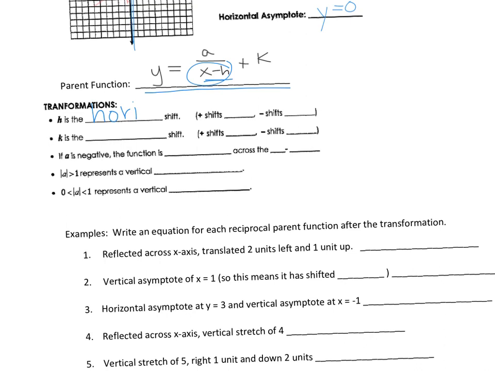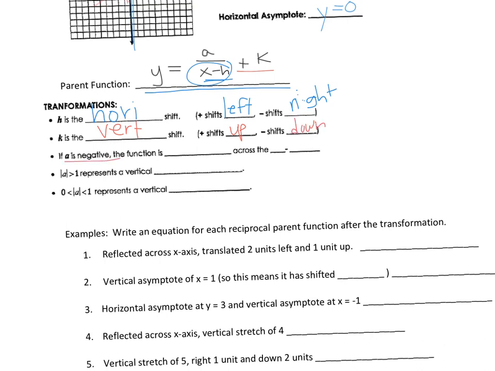So plus means left, and minus shifts it right. It's kind of opposite, but it's been the same for all the functions that we've studied. K is going to be the vertical shift, and if it's positive, it's going to shift up, and if it's negative, it's going to shift down.